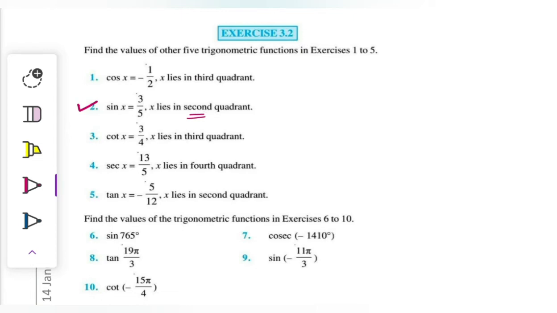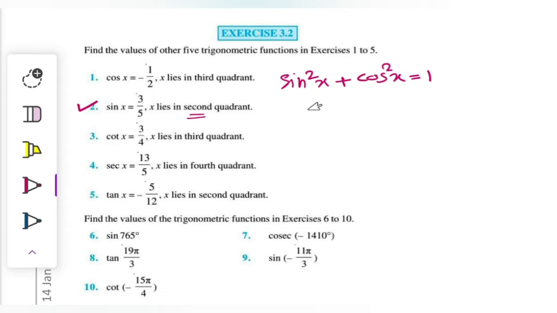Here also we can use the previous identity, sin square x plus cos square x equals 1, because we have the value of sin and we can calculate the value of cos x from it.